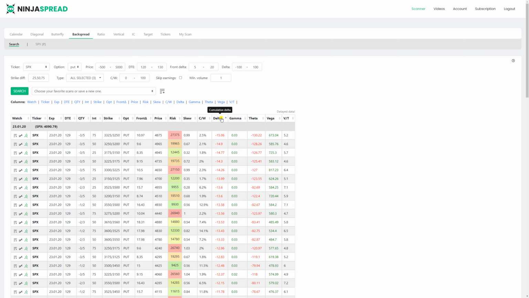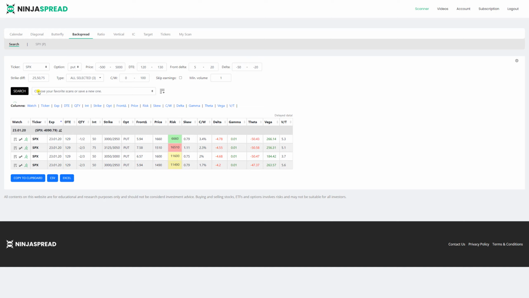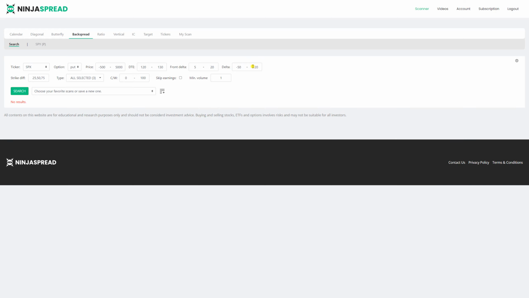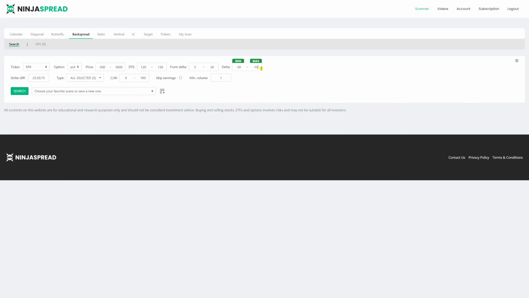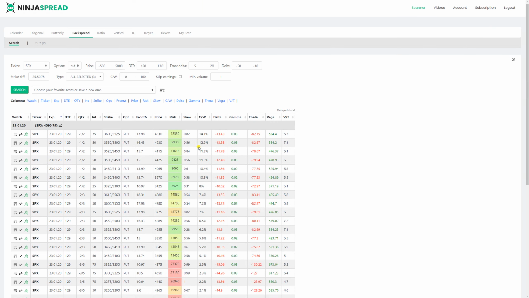For example, if you don't want to have very high delta stuff, then you can do like -5 to 0, and then you will only see kind of flat backspreads. Or if you want to see high deltas like 20 to 50, there is none. So I would say like 10 to -15. Yeah, you will see a lot.